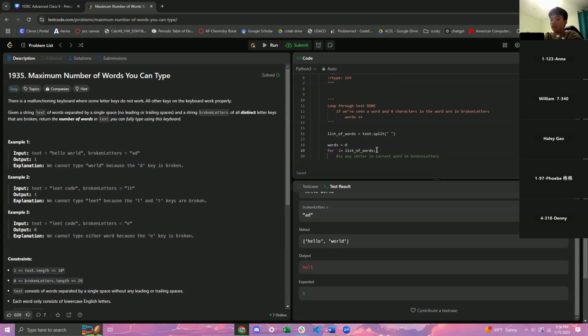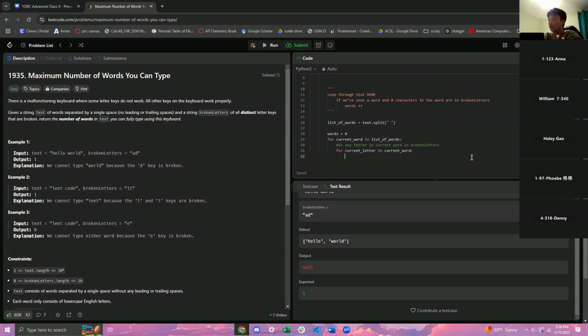So instead of saying i, let's just say current. This is our current word. Okay, so now let's check. We're gonna go through every single letter in the current word, so for current letter in current word. But remember what we did is the find function.